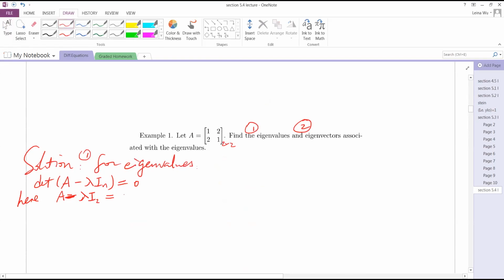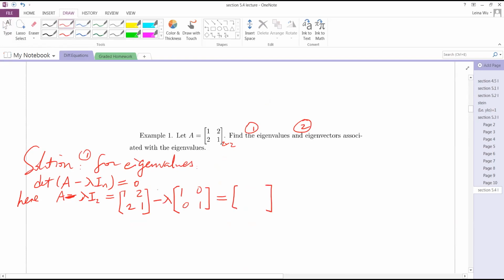So A minus lambda times I_2 would be the matrix 1, 2, 2, 1 minus lambda times the identity of size 2. Right, that's A minus lambda I_2.